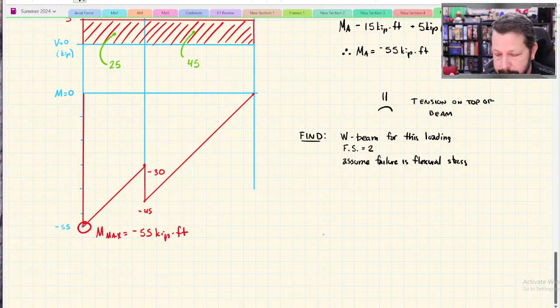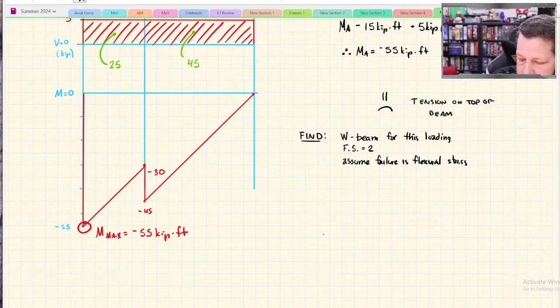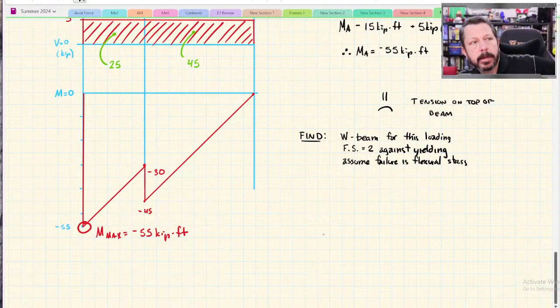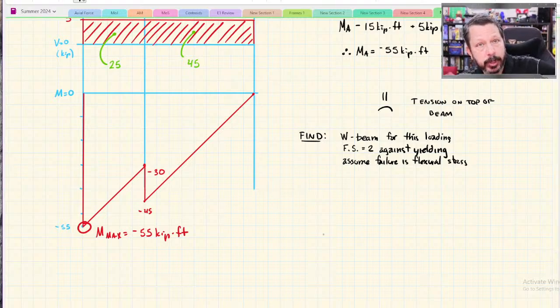We haven't even talked about that yet. Let's say that the factor of 2 is against yielding. So normally you don't want the beams to yield. Yielding means that they've permanently changed shape. You've put so much stress on them that they are no longer going to return to their original shape. And so normally you don't want that. So we want to guard against yielding.